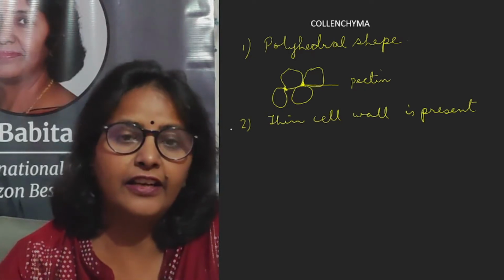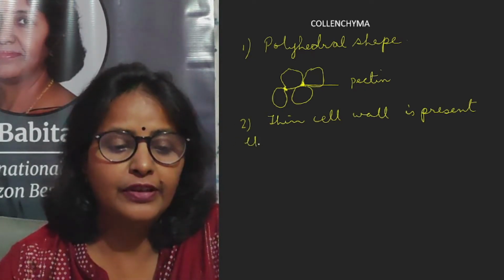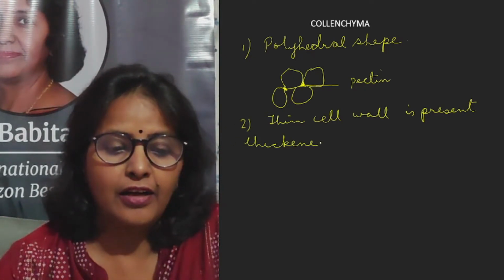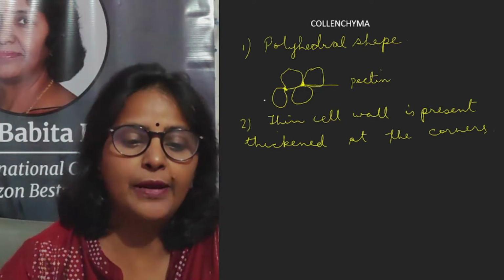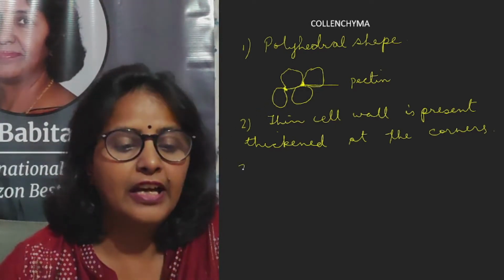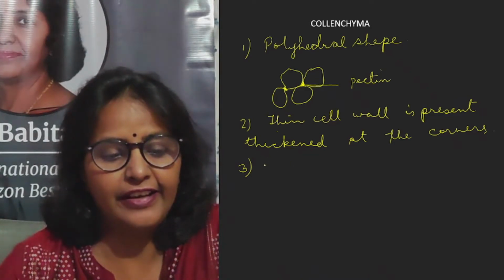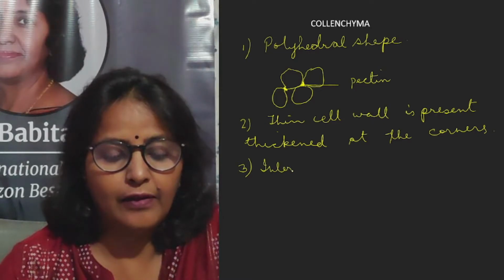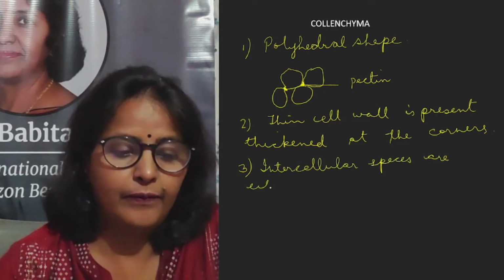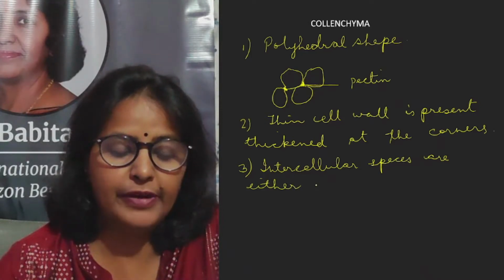Why is it thickened? Because of deposition of pectin. So this is about shape. Then we have intercellular space is either not present, or if present it is very small. Less intercellular spaces are present, or it may not be present.